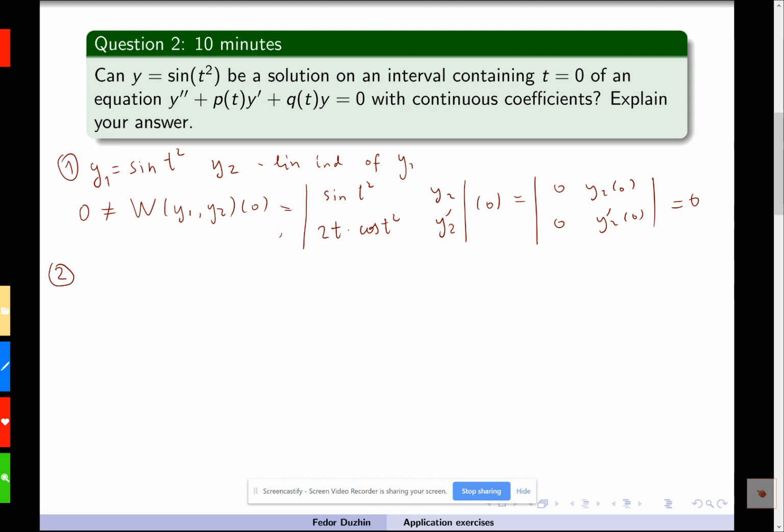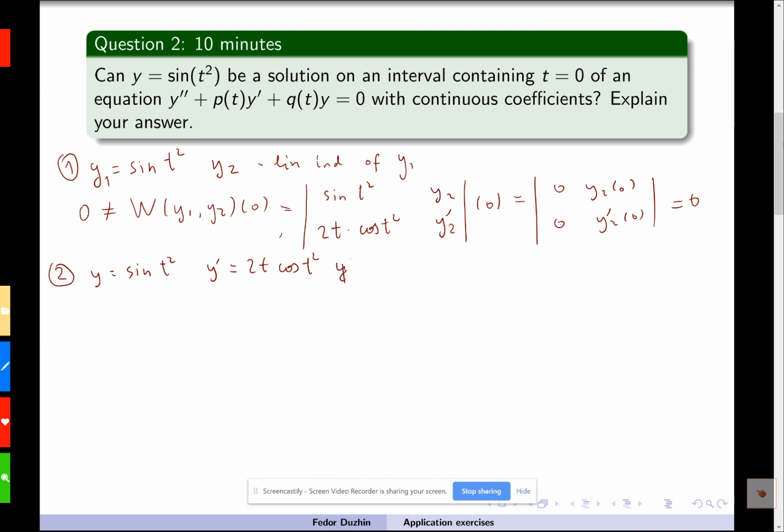So suppose that this is indeed a solution. If y is sine of t squared, then y prime, as we've just computed, is 2t times cosine of t squared. Let us just compute y double prime and plug it into the equation, right?